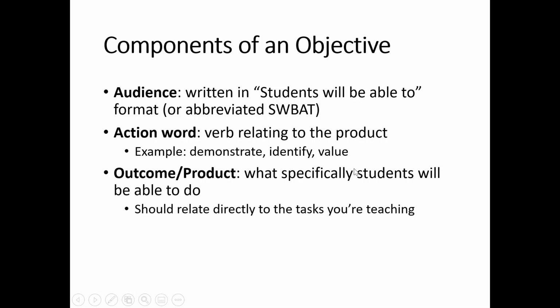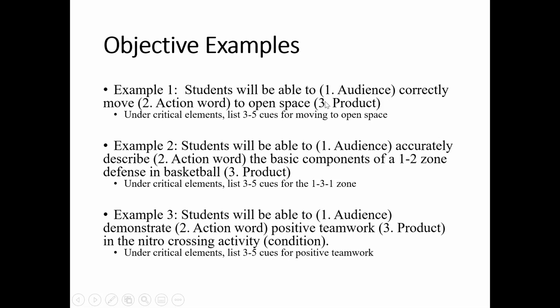If they're valuing the importance of something, then they are in the affective domain. Okay? So these are the components of the objective: audience, action word, and product. They all need to be listed in that way. Here are some examples.